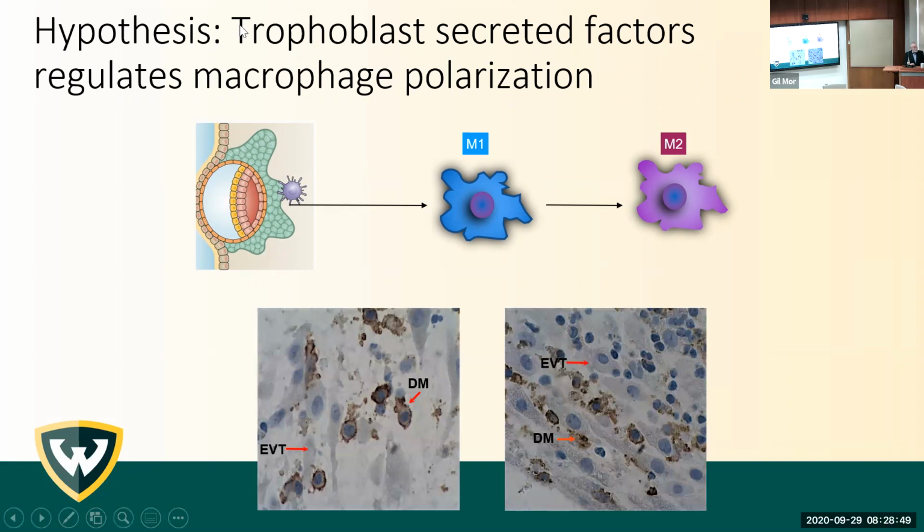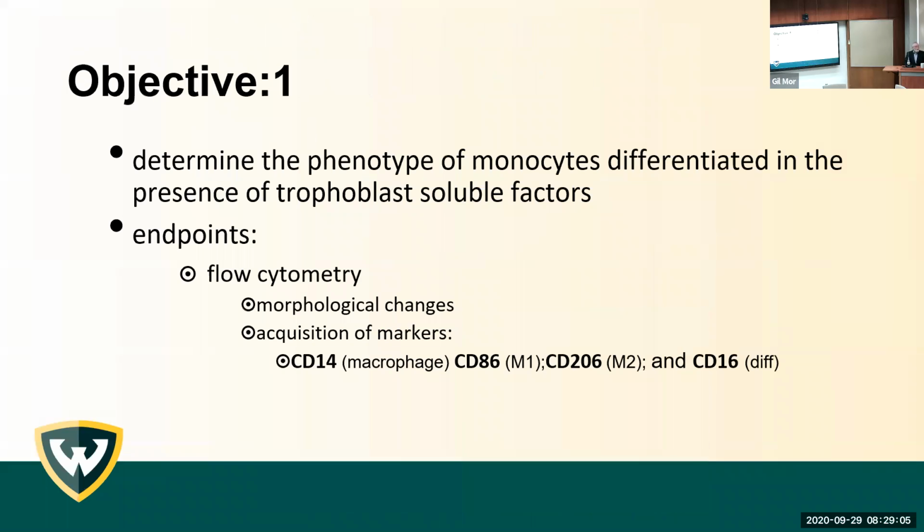And what are the characteristics of these macrophages in the decidua? You see them here with extravillous trophoblast, as I showed you before, in close proximity to these macrophages. Are these macrophages M1 or M2? To study this, again, we have to go in vitro, and we developed a system of communication between trophoblast and monocytes using the conditioned media secreted by trophoblast cells.